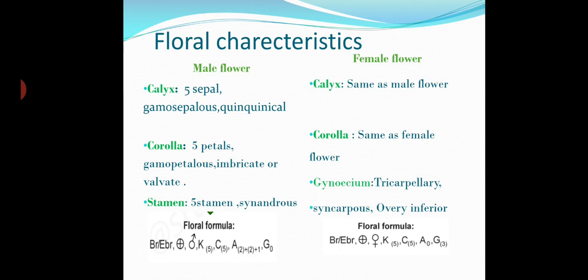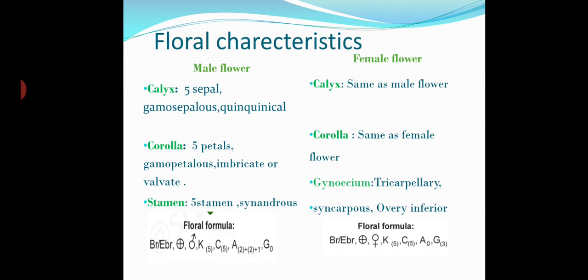In quinquennial estivation, 2 sepals are completely out and 2 sepals completely in. And 1 sepal is going to be in and out. That is, 2 completely in, 2 completely out, and 1 is in and out.